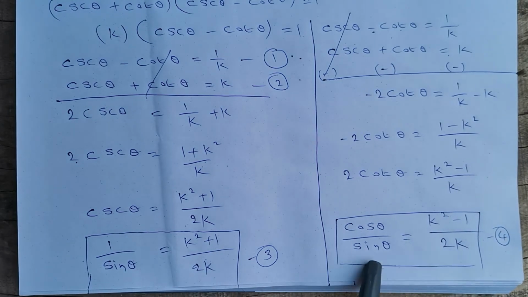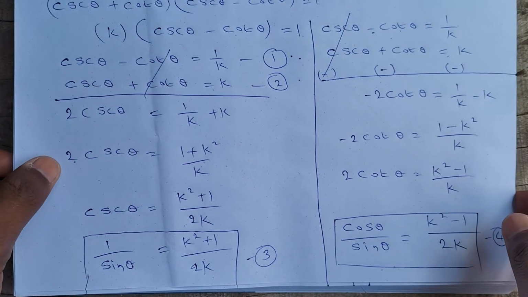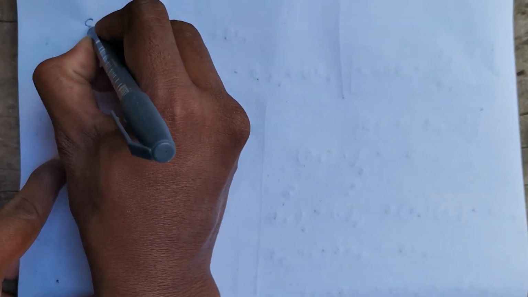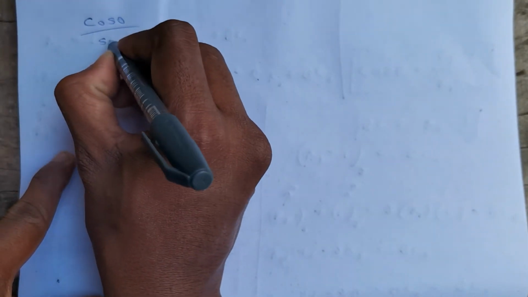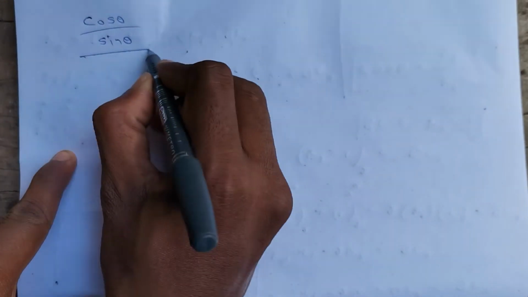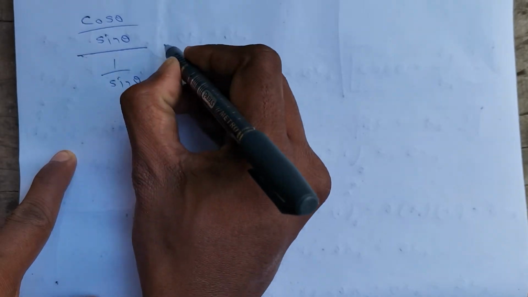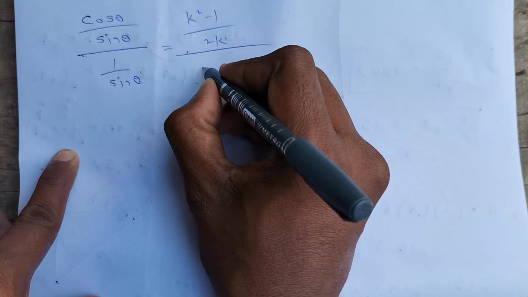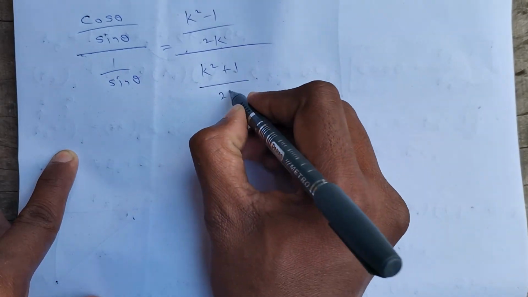Fourth equation towards the left side is cos theta by sin theta, and the third equation towards the left side is 1 by sin theta, so divided by 1 by sin theta, which is equals to fourth equation towards the right side, k square minus 1 by 2k whole divided by third equation towards the right side, k square plus 1 by 2k.